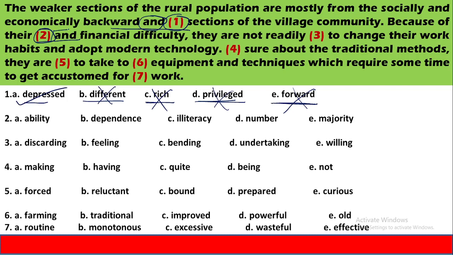Here again the connector is 'and' and we need a word that will be of the equivalent level as financial difficulty, of the same nature. Financial difficulty is a negative word, so a negative word will come here also.